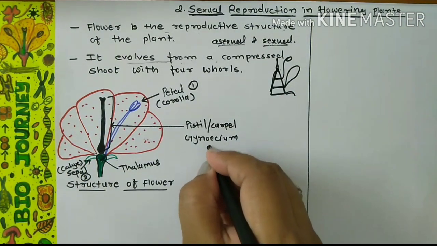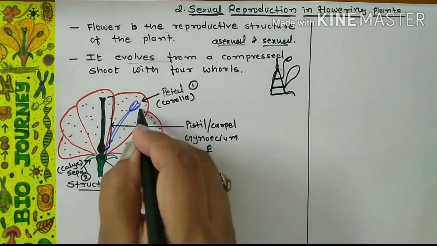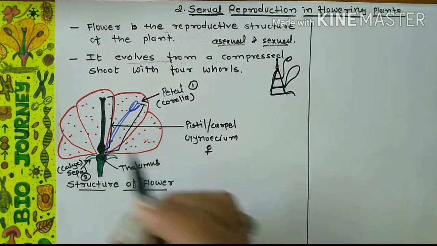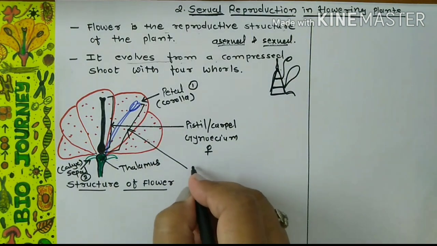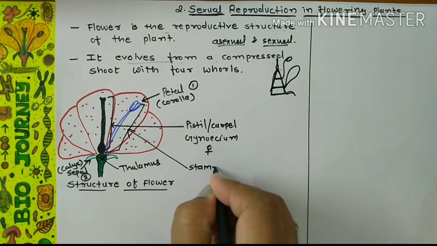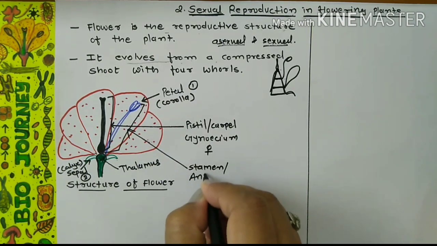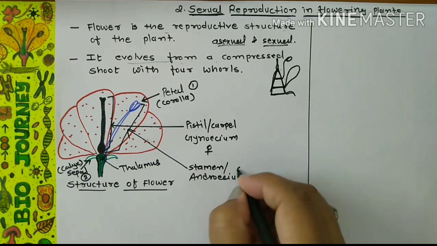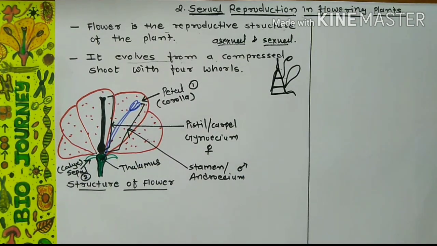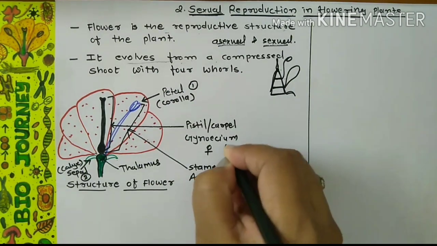This is the female part of the flower. This blue structure, this whole portion, is known as the stamen, or androecium. This is the male part of the flower. Number 3 and number 4.